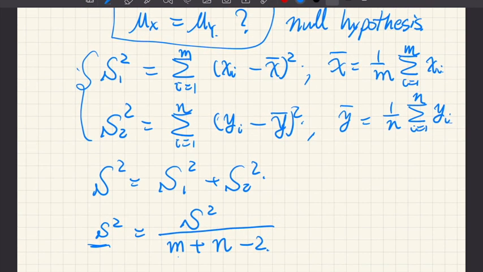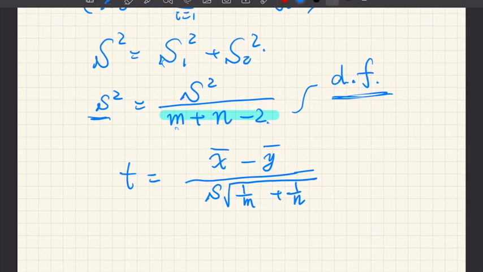Calculate the sum of squared deviations from the sample means and add them, divide by m plus n minus 2, which is the degrees of freedom. Then this will follow the t distribution with m plus n minus 2 degrees of freedom.